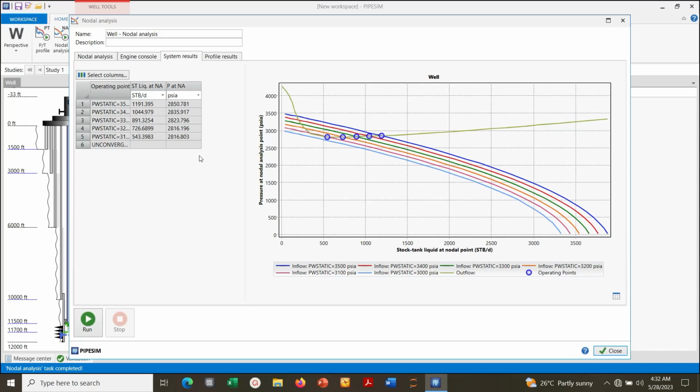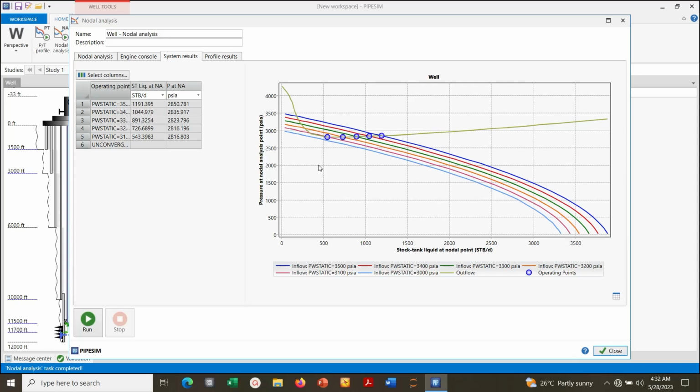So at 40% water cut, the result shows that at 40% water cut and 3000 psi, the well will no longer flow.